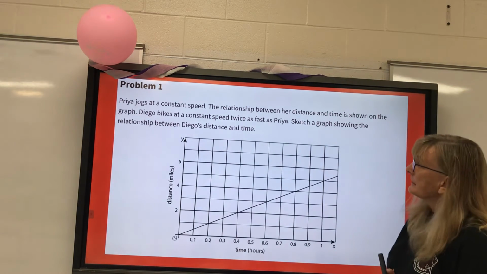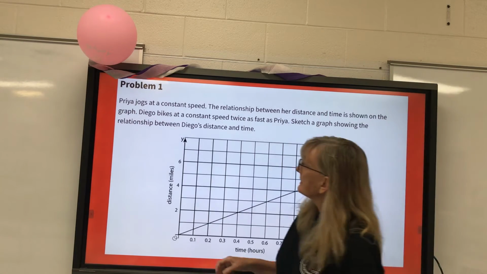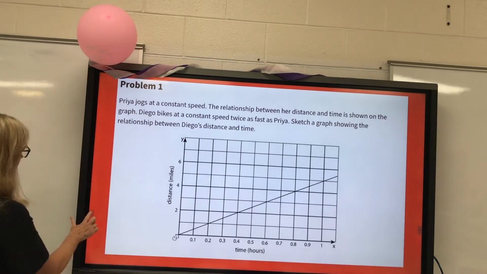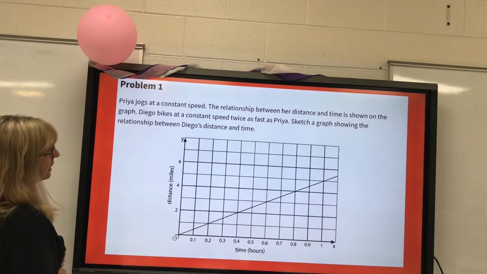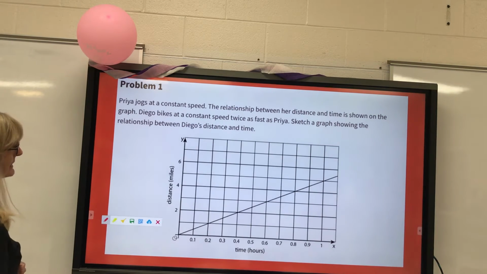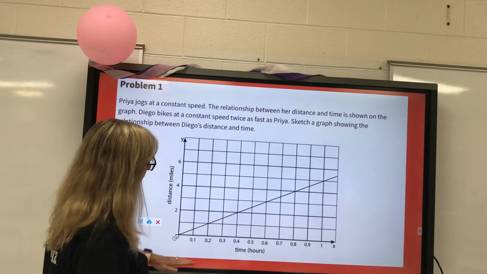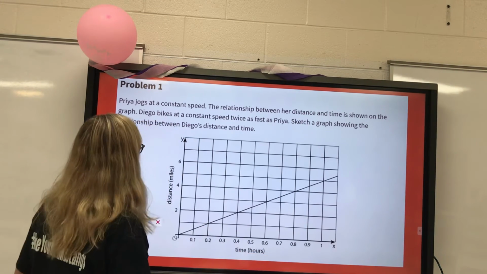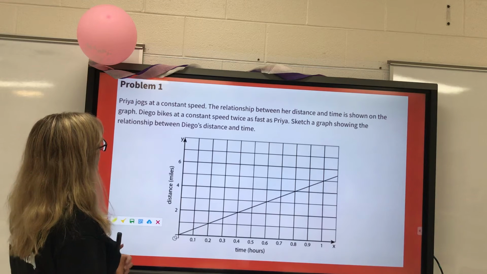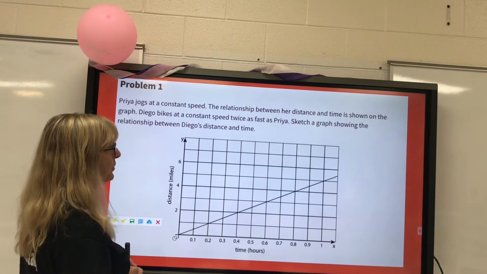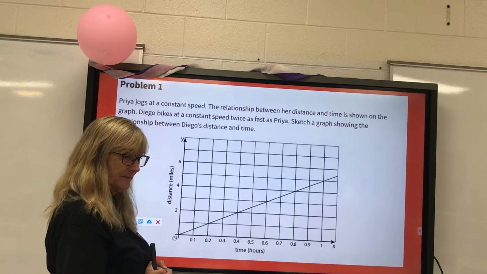All right, so Priya jogs at a constant speed. The relationship between her distance and time is shown on the graph. So in this one we have distance over here and time down here. Diego bikes at a constant speed twice as fast as Priya.